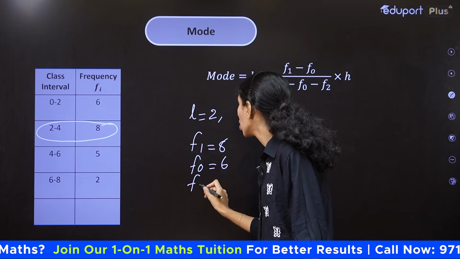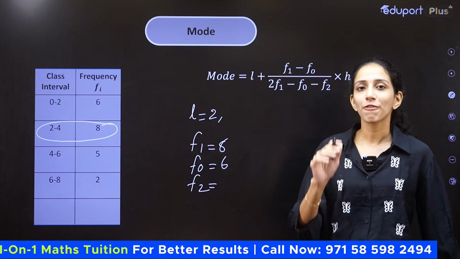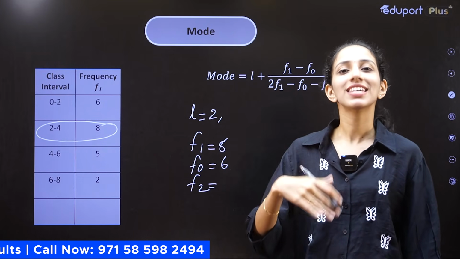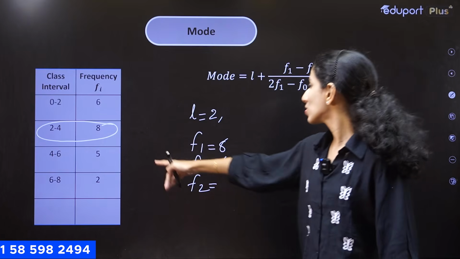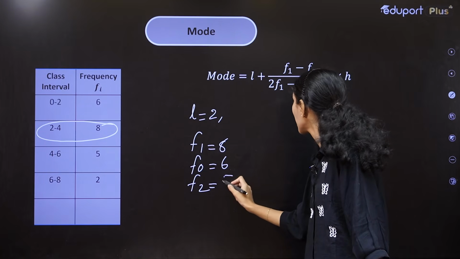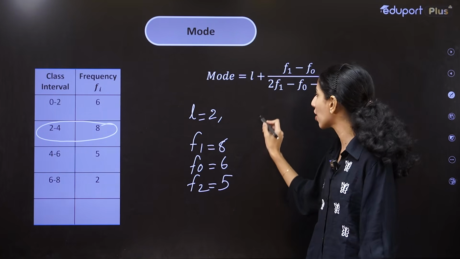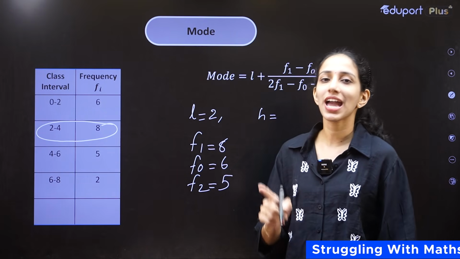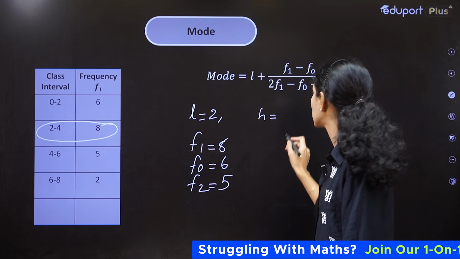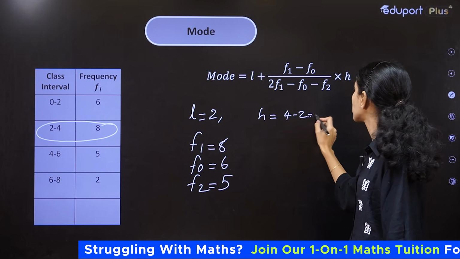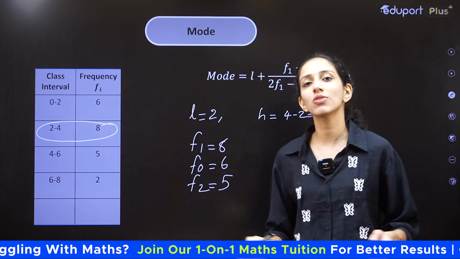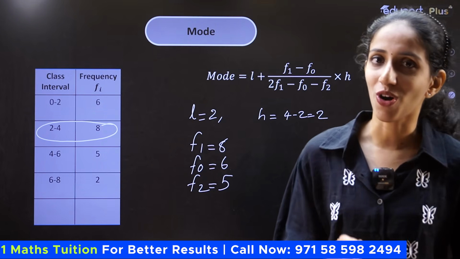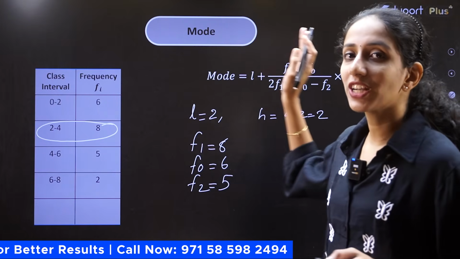Then F2, which is after F1, the frequency of the succeeding class. What will that be? 5. Then we have all the values, and H is now familiar to you. H is equal to upper limit minus lower limit, that is 4 minus 2, which is equal to 2. Then we have all the values, so just substitute these values in the equation and find the mode. Okay, so this is all about our mode.